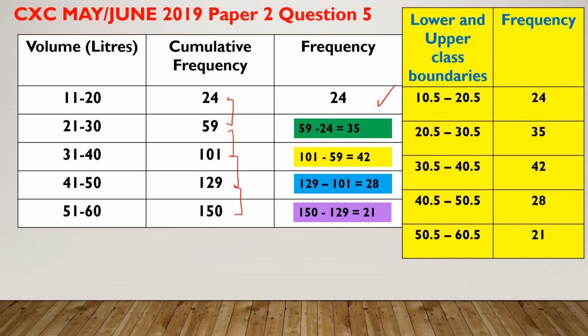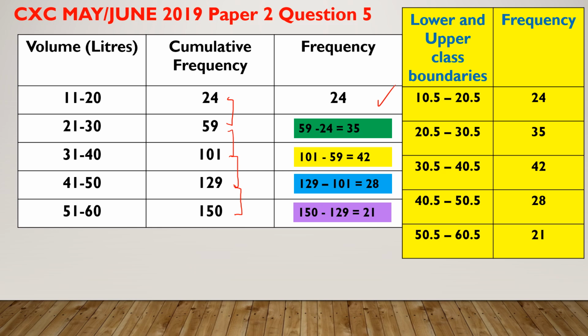Now the coordinates for the histogram: we'll use the upper and lower class boundaries and the frequency that we just calculated. So 11 to 20 would be 10.5 to 20.5.